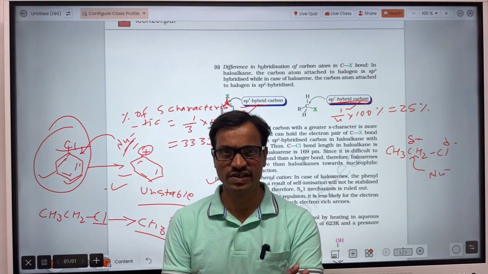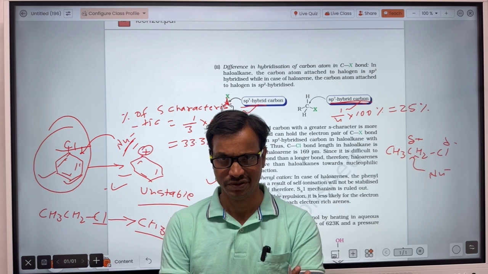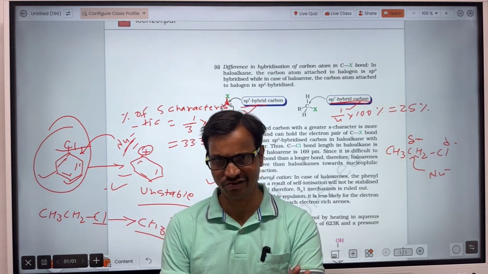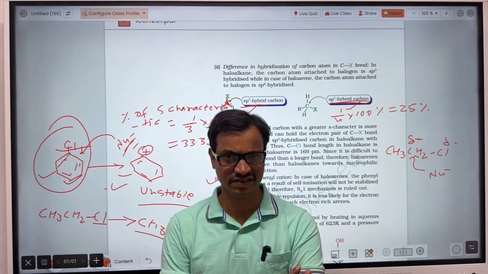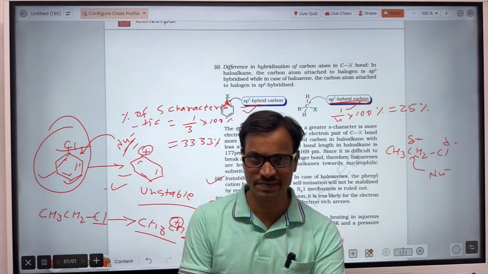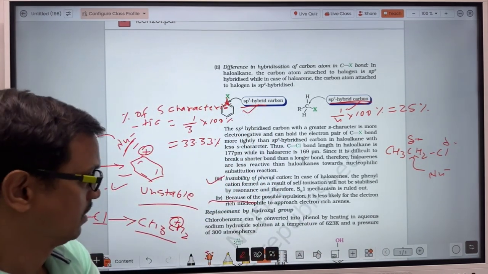Number 2, in case of haloarene, the percentage of s character is more. So the bonded electron, that is the C-X bonded electron, will be tightly bonded, and hence the bond dissociation enthalpy will be more.